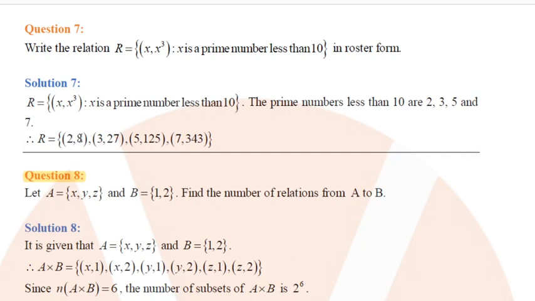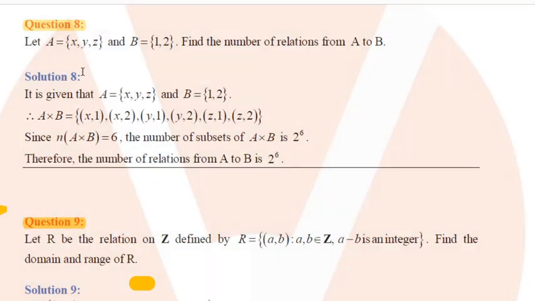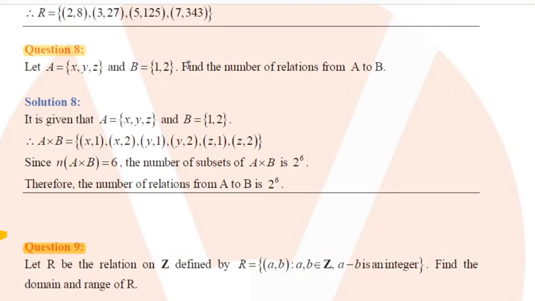Next, question number 8. A equals x, y, z and B equals 1, 2.